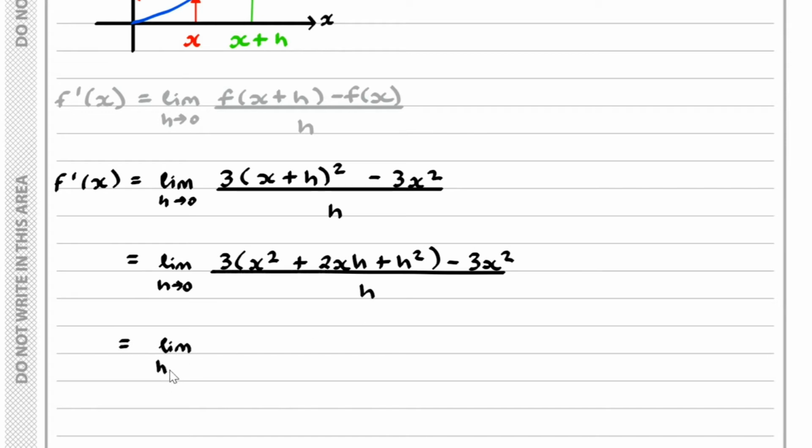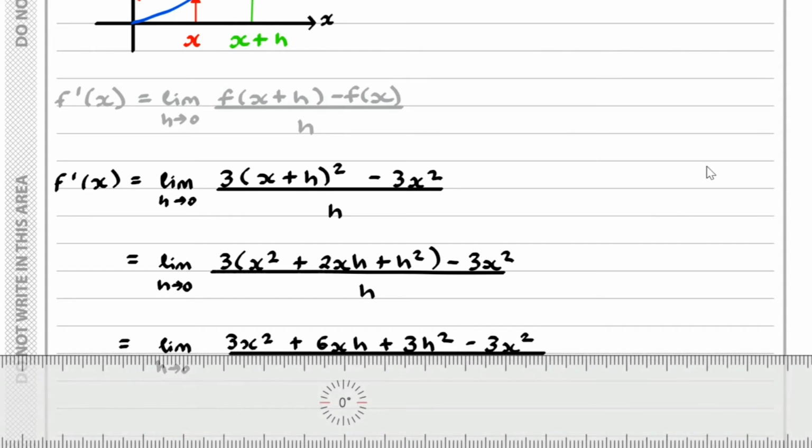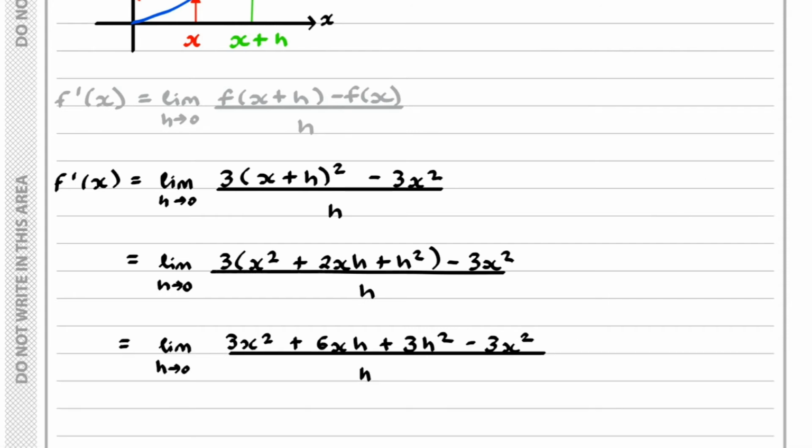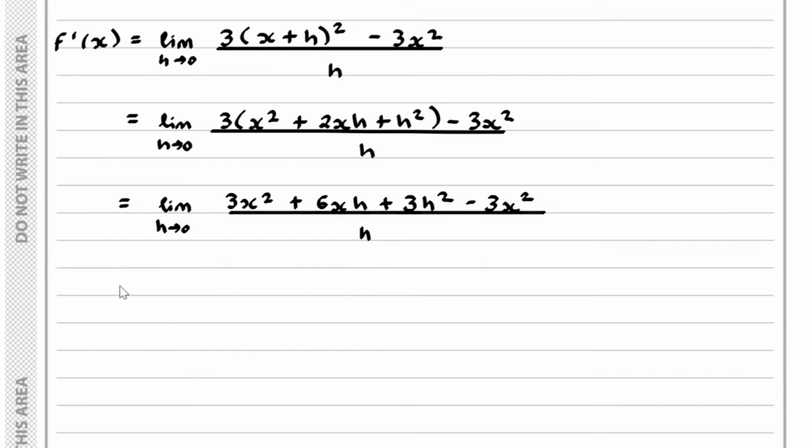So I've got the limit as h tends towards 0 of 3x squared plus 6xh plus 3h squared minus 3x squared divided by h, and if I divide as necessary, 3x squared minus 3x squared gives 0x squared.